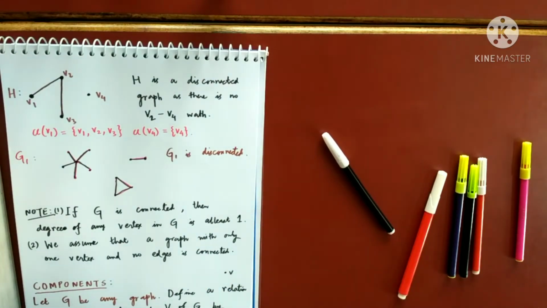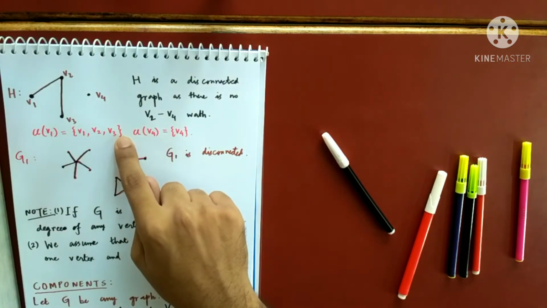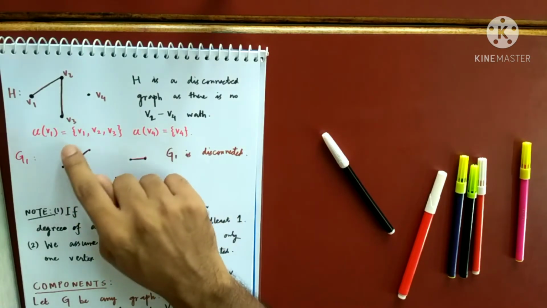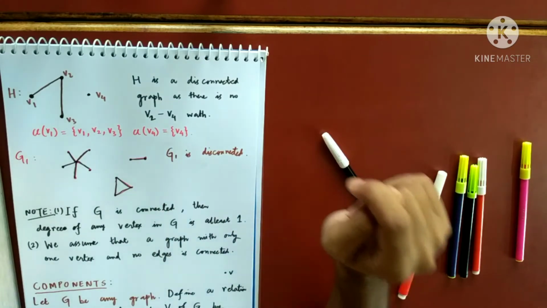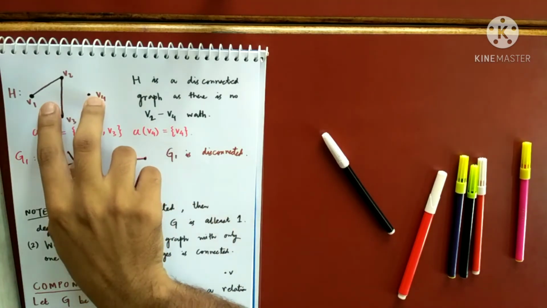I define an equivalence relation. With the help of the equivalence relation, I get equivalence classes. With the help of these equivalence classes, I get subgraphs. These subgraphs are called the components of H. So how many components does H have? It has just two components.